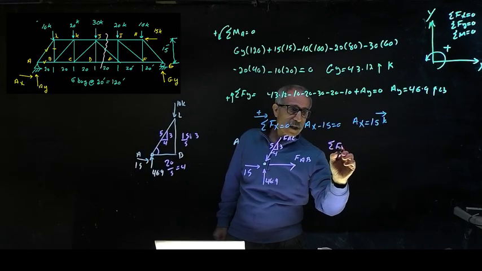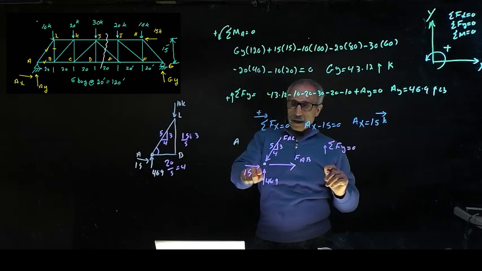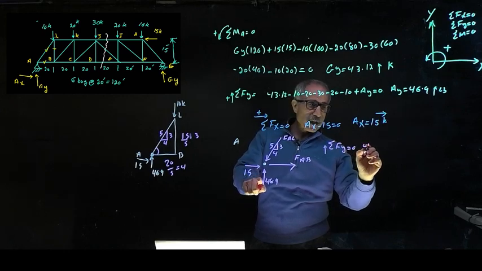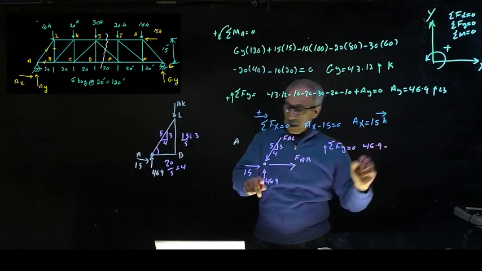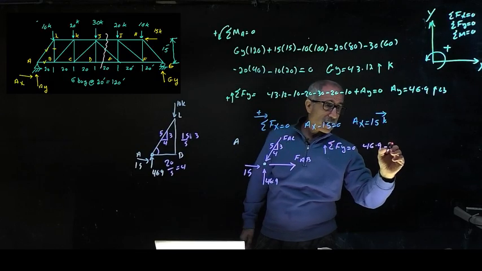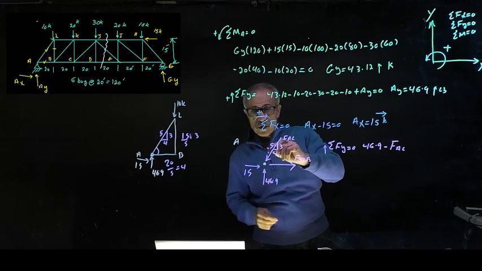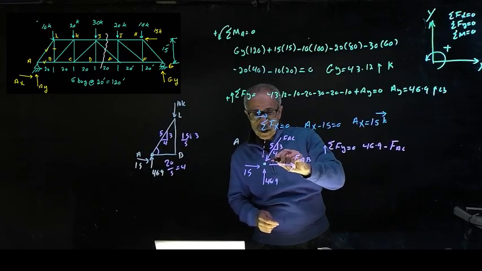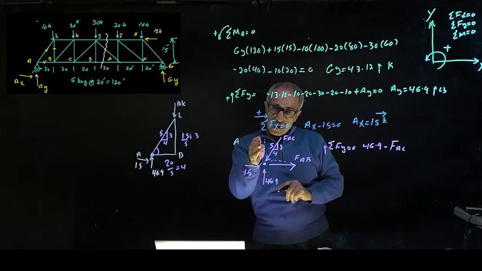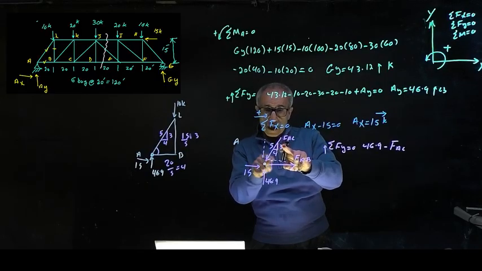Summation F of y is equal to 0 for this particular joint. I'm going to have 46.9 minus FAL. FAL has a horizontal component and a vertical component, so it has two components. The vertical component is going to be FAL multiplied by 3 divided by 5.